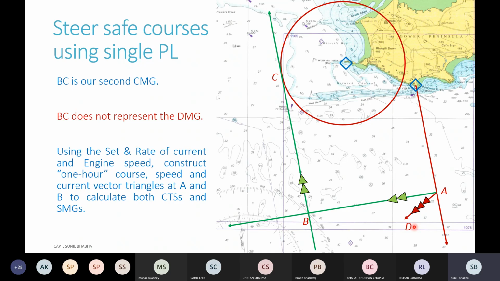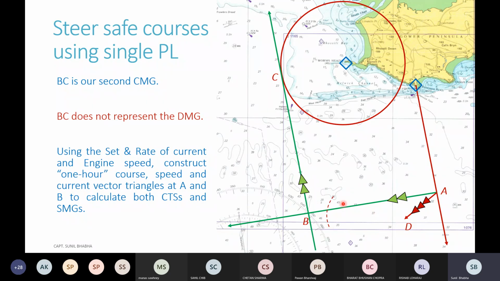Now we also have our engine speed known to us. We can make this triangle for 1 hour. The length of this vector AD is the rate of the current, or the drift of the current, in 1 hour. Now we have our engine speed, so we know what distance we are going to cover in 1 hour. So we open up our compass equal to the engine distance of 1 hour, center the compass at point D and draw an arc.